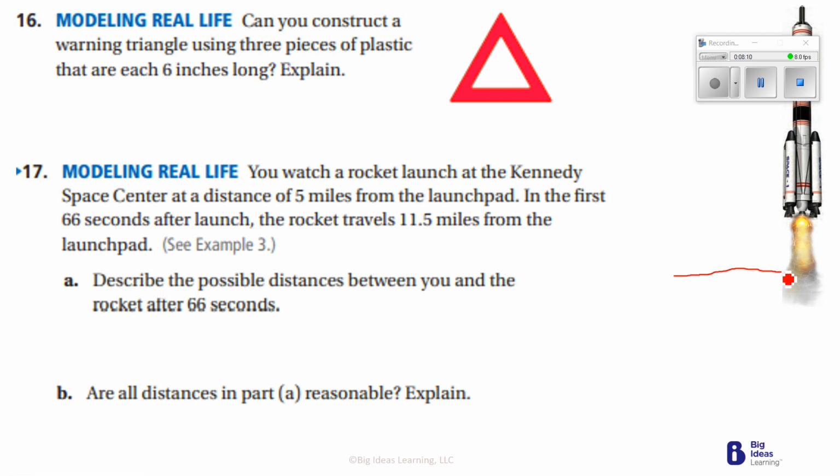We're 5 miles from the launch pad. Now this says in the first 60 seconds after launch, the rocket travels 11.5 miles from the launch pad. So they're saying this is going to be 11.5 miles up.